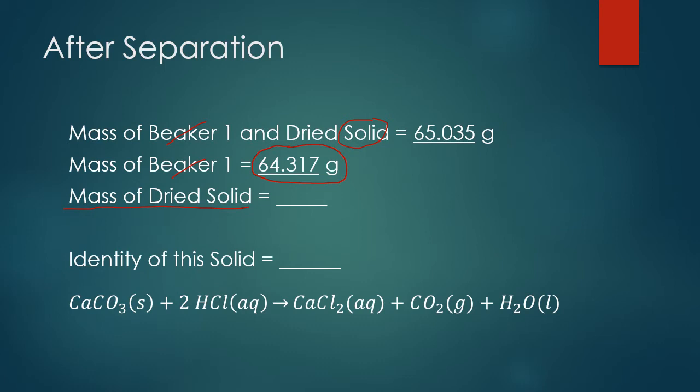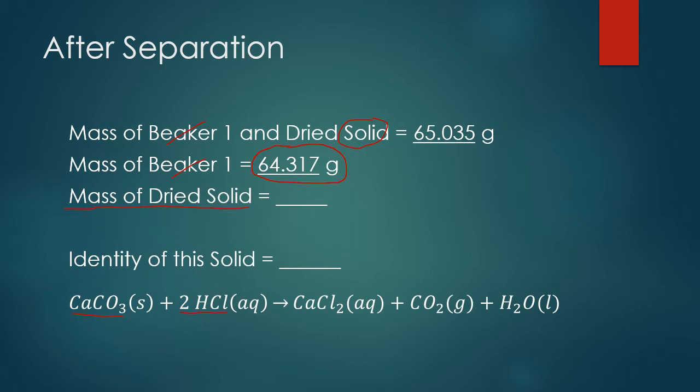So the solid that is in beaker 1, that's the solid that was soluble in HCl, but insoluble in water. However, the calcium carbonate that was in the original mixture, once we added the HCl to it, a reaction happened and it's no longer calcium carbonate.